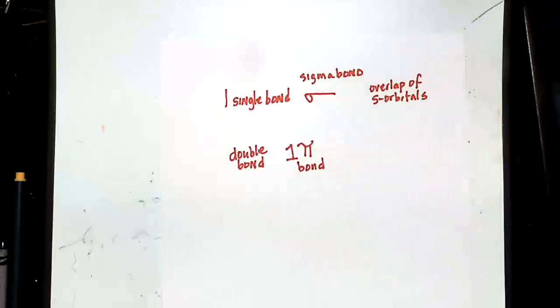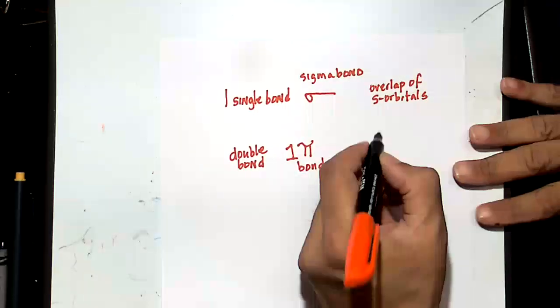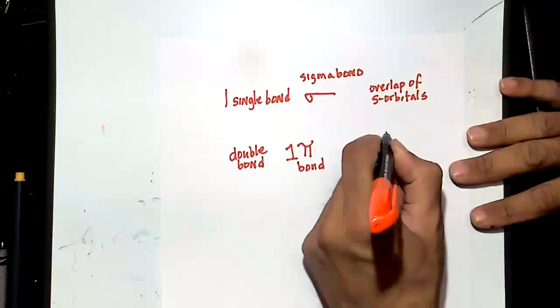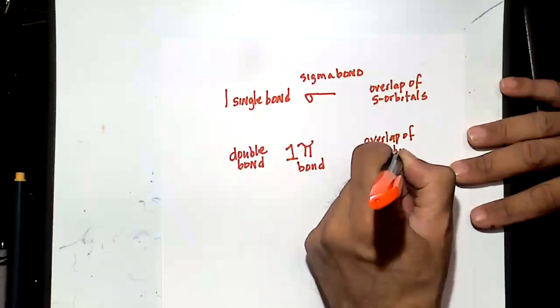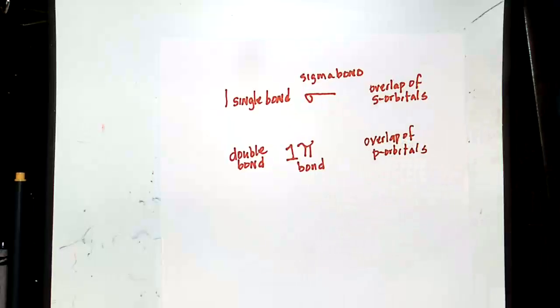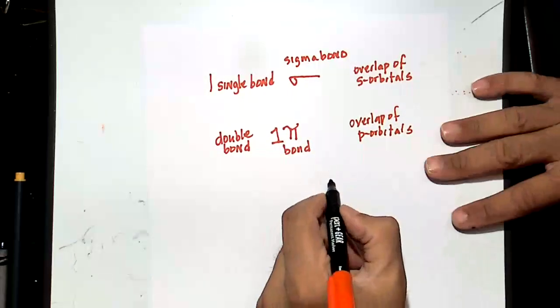Do you remember what a p orbital looks like? I got one of them here. This is one of three. Okay, a p orbital looks like a dumbbell.